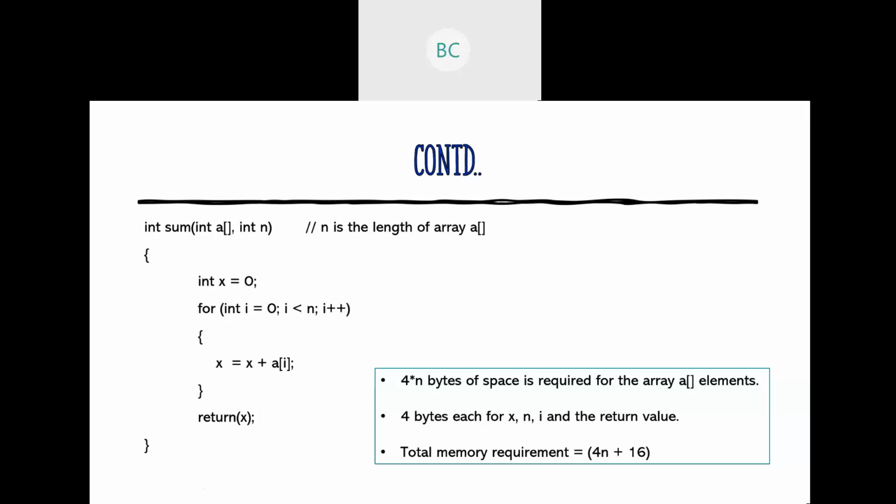If you have a return type, you have to take extra value for that. Again, if you use temporary variables, you have to count those also. Mainly we use temporary variables for swapping, right? So in a swapping program, you need to count the temporary variable as well. So all of you got it, right? How we can calculate space complexity or memory requirement?